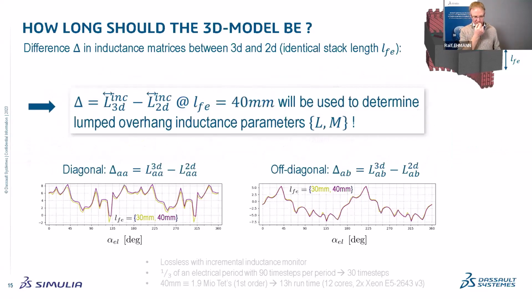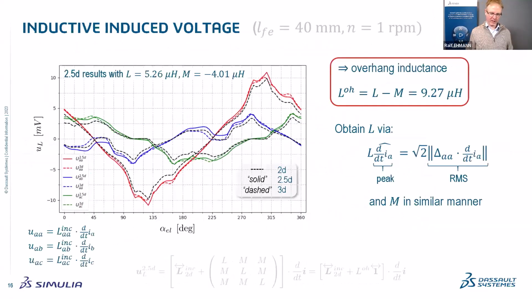Okay, so we are using this difference now to determine L and M. And this we can do based on RMS and peak combinations. So here is an example of the formula used for it. We take the difference, multiply it by the time derivative of the current, take the RMS value of it, and multiply it by square root of 2, which gives something like the average peak value.